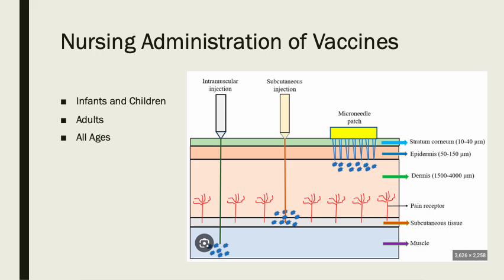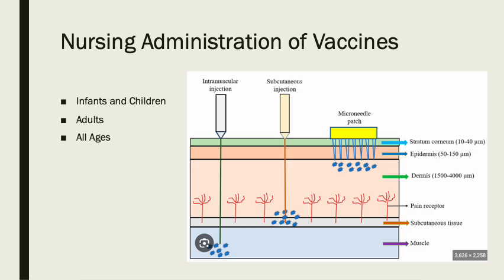For adults, we can give intramuscular immunizations right in the deltoid muscle. For subcutaneous, we can use the outer aspect of the upper arm or, like children, the anterolateral thigh. Because anaphylaxis is a possibility whenever we are giving vaccines, we need to have emergency medications and equipment on standby in case they actually do have a reaction and we need to start getting those responses immediately.